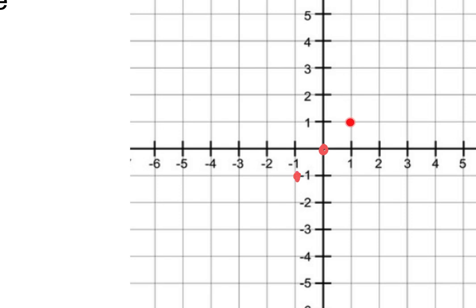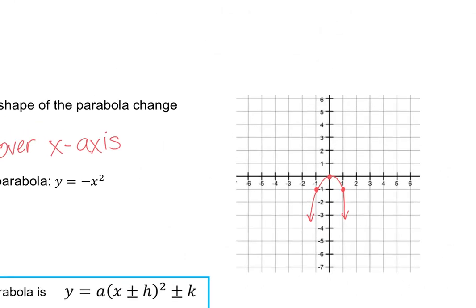And instead of 1, 1, we are going to reflect across the x-axis to 1, -1. And then we can connect those 3 points. And now we are reflected across the x-axis, or reflected over the x-axis. And this is your y equals negative x squared.